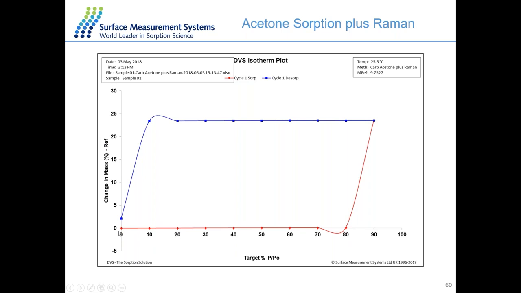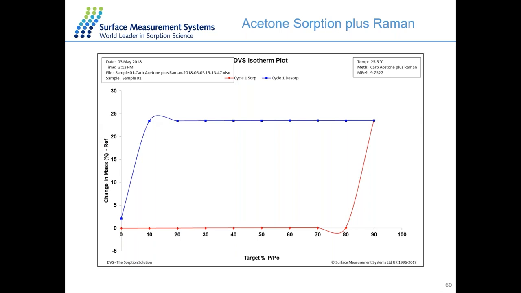So it's basically no uptake until we get to 80, a jump up when we get to 80, and once it's formed, the solvate is very stable. We have to go below 10% acetone to get back to the initial form of the sample, which is reversible.